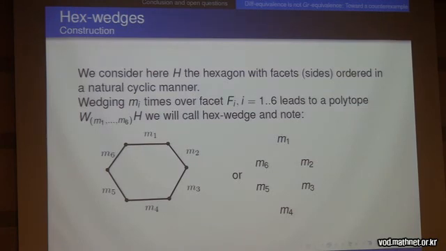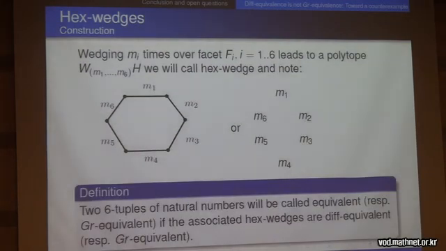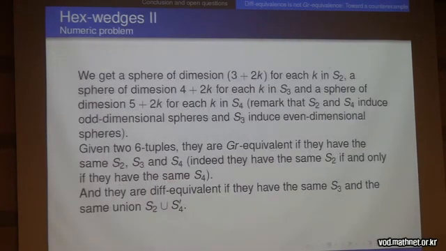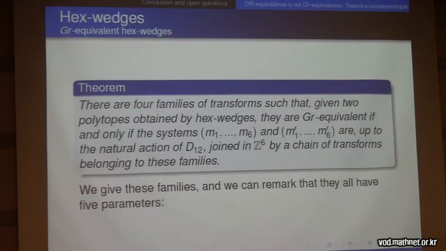After that, the case n equals d plus 3, we can consider the hexagon. Here we can describe homology with this, and what is interesting is that if you want to consider the graded equivalence, there are 4 families of transforms like this, adding here this S and adding here this S, for families that give graded equivalent polytopes.